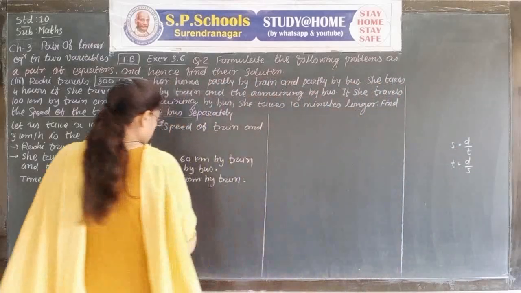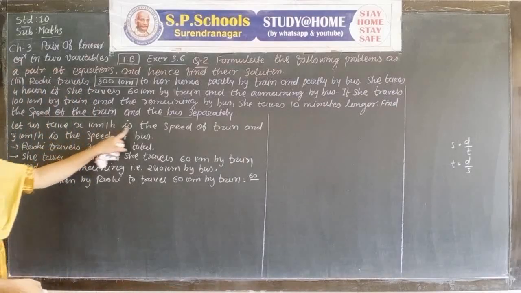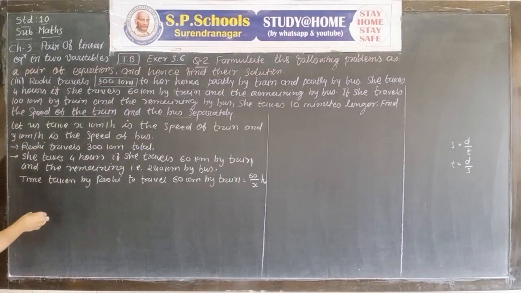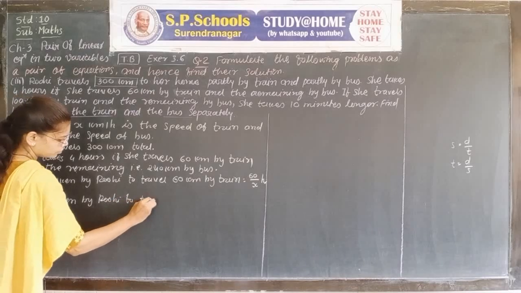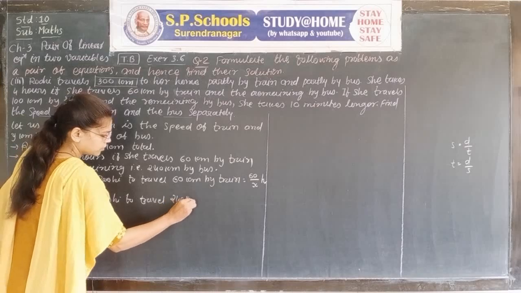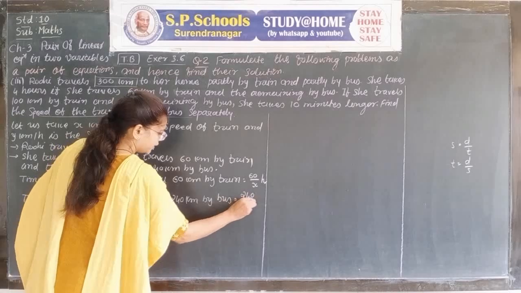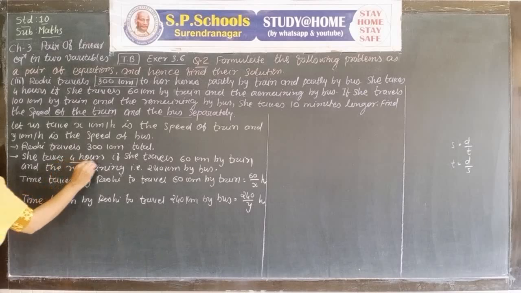The distance is 60 upon the speed of the train x. In the same way, time taken by Ruhi to travel the remaining 240 by bus is equal to 240 upon y hours, but the total time is 4 hours.